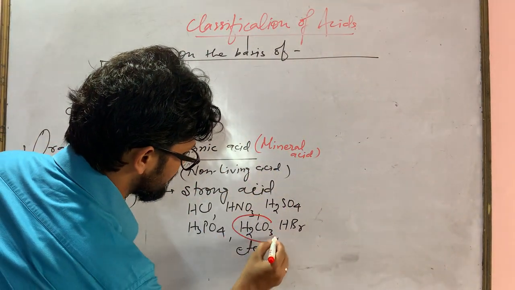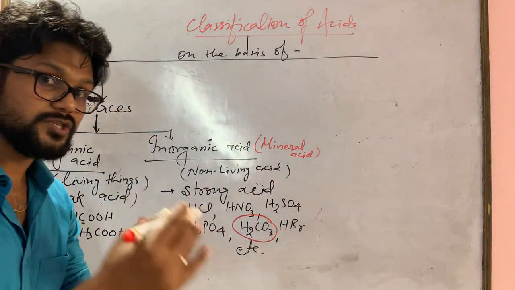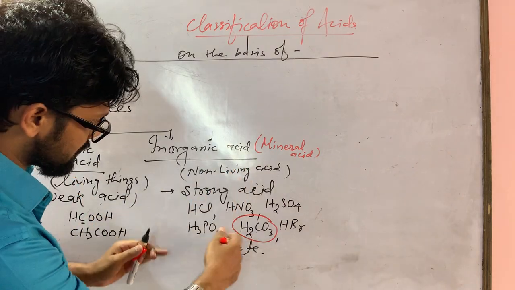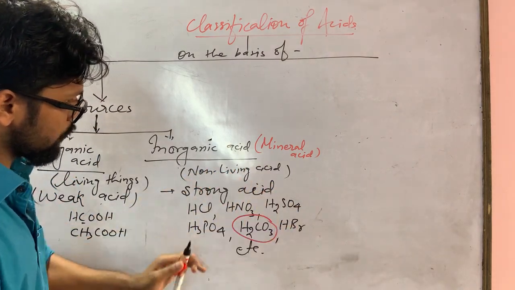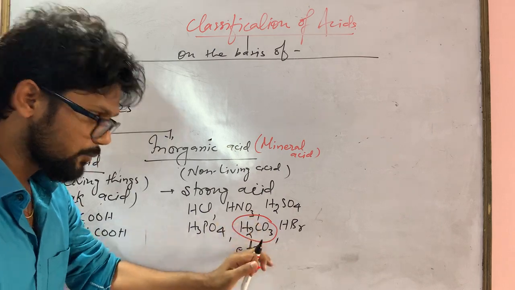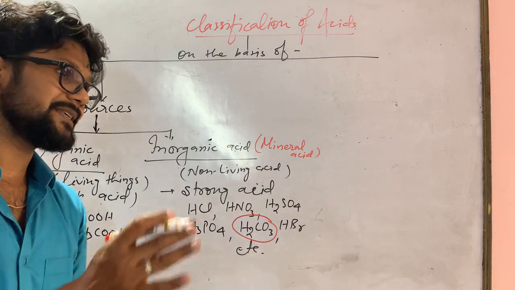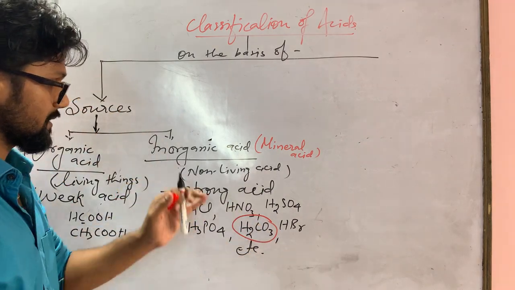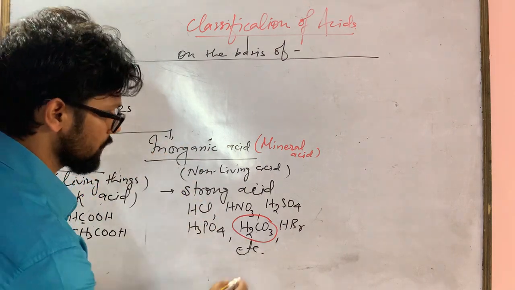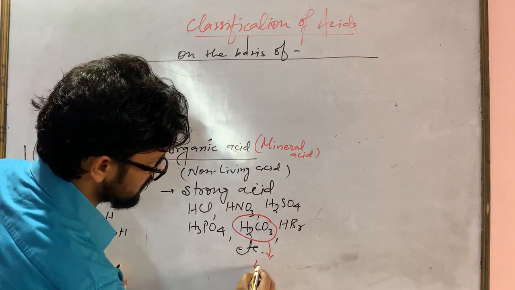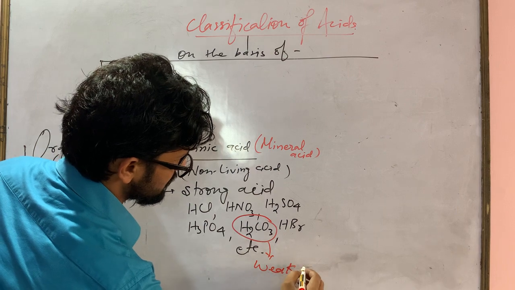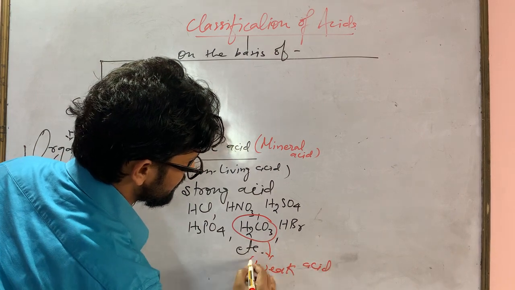See, this carbonic acid contains carbon. This is an exception. Generally, all inorganic acids are strong acids except carbonic acid. This is a weak acid. You must mark this.